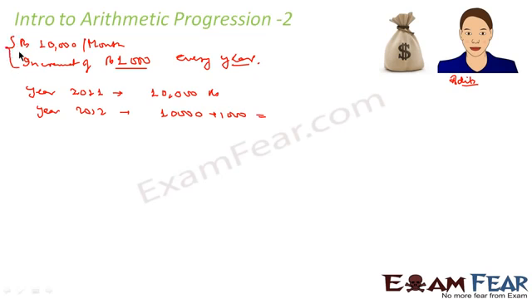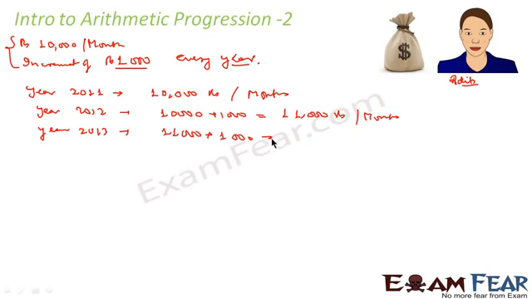The deal is the initial salary is 10,000 per month and she'll get an annual increment of 1,000 per month every year. So after 1 year, her salary will be 11,000 rupees per month. Correct? In year 2013, her salary will be the previous salary, that is 11,000, plus 1,000.